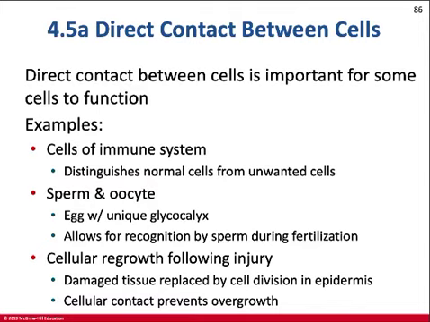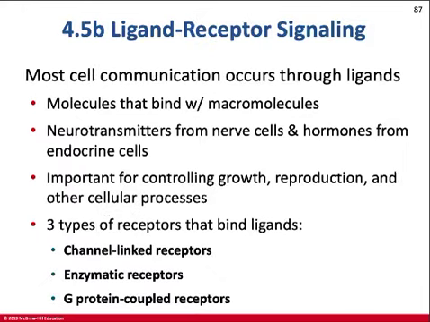Now cells communicate with each other as well. They have to do this in order to coordinate activity. Examples: cells of the immune system distinguish normal from unwanted cells by scanning for antigen displays. The sperm and the egg interact via the glycocalyx, which allows recognition by sperm during fertilization.